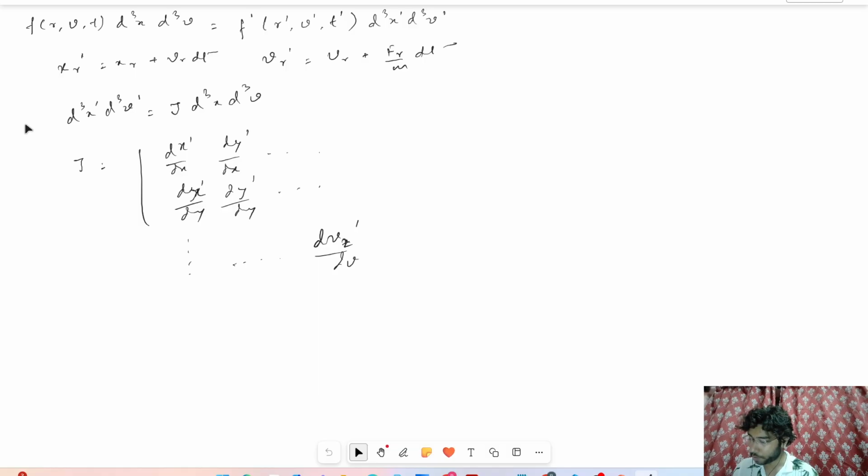So all these will be partial derivatives actually. So this is the Jacobian, and this is a 6 by 6 matrix. So this is how a Jacobian is defined.